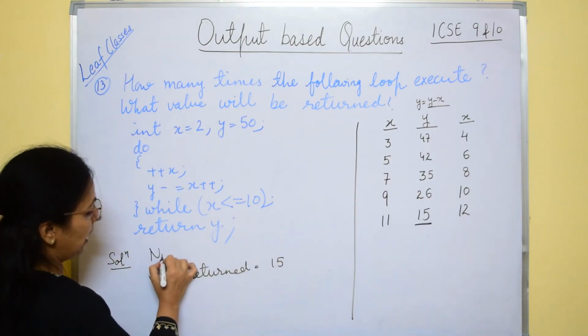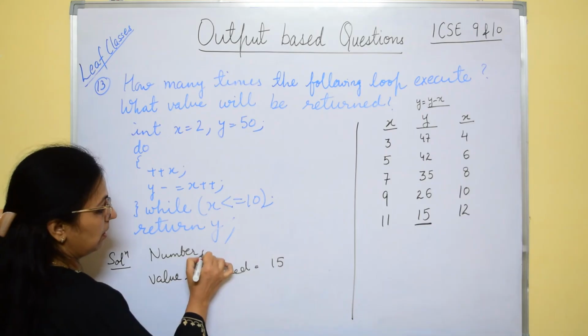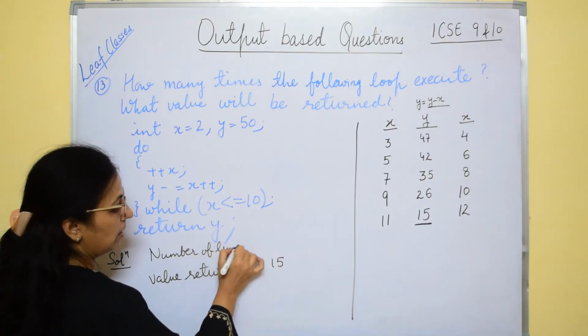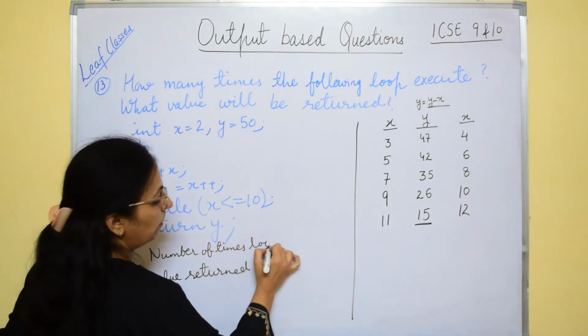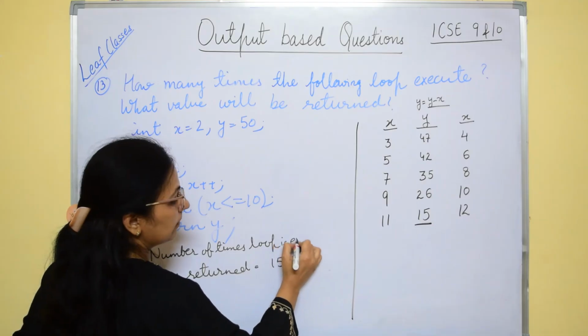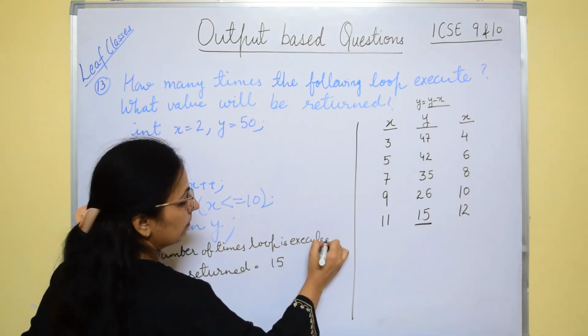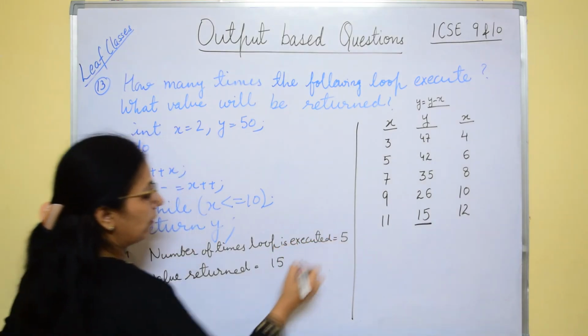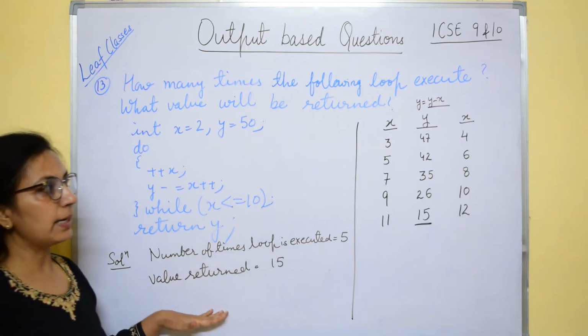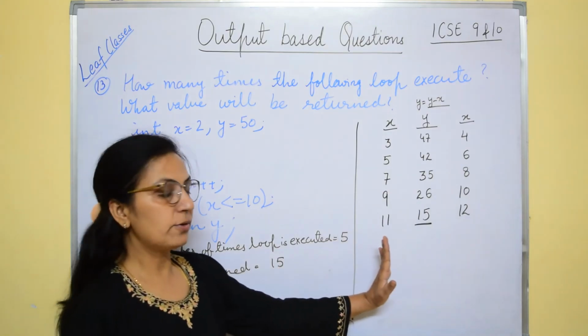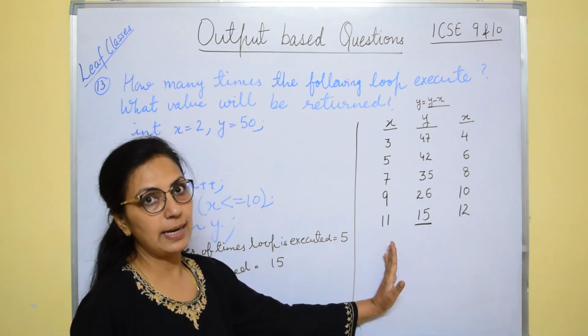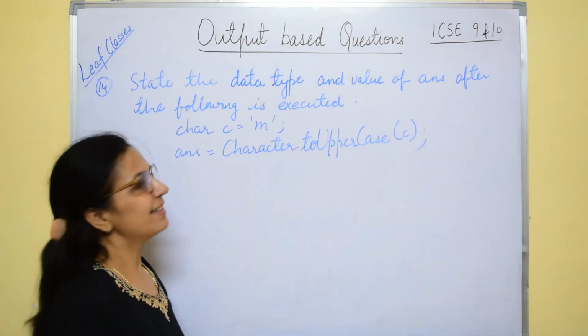Number of times the loop is executed equals 5. So this is how you will write the answer. The dry run you can do on the right side of the answer sheet.